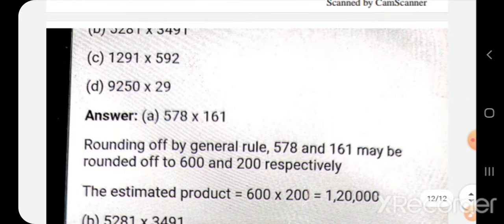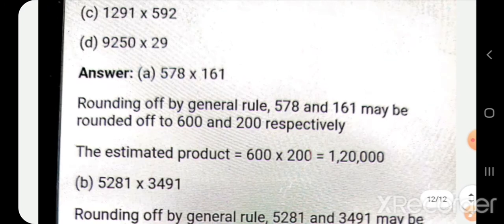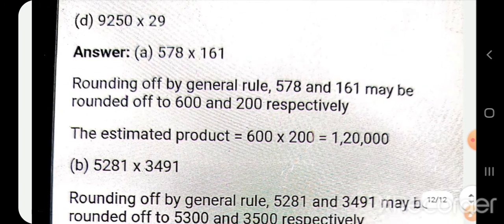tens, hundreds, thousands, whatever we want to do. So first is 578 into 161. So our answer is here. Answer of 1.